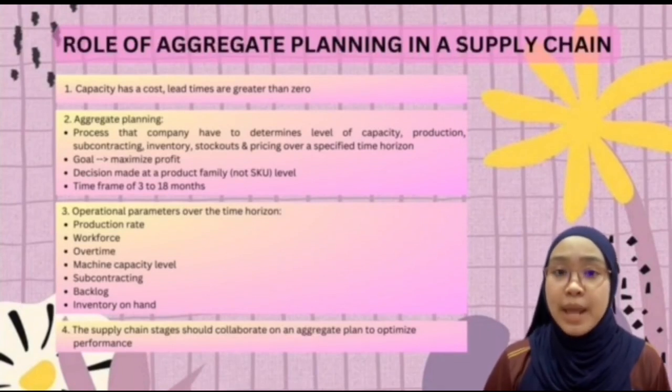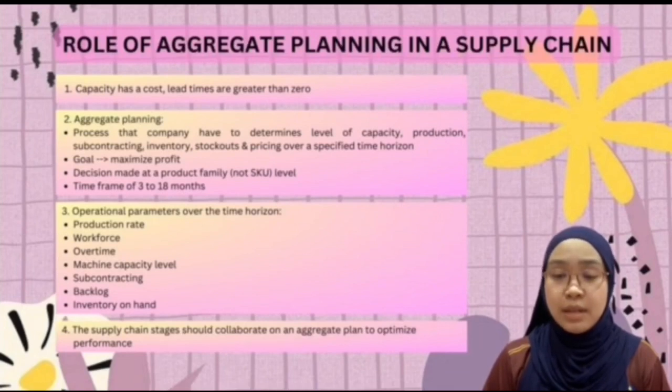Aggregate planning is the process by which companies determine the level of capacity, production, subcontracting, inventory, stock out, and pricing over a specific time horizon, while the goal is to maximize profit.